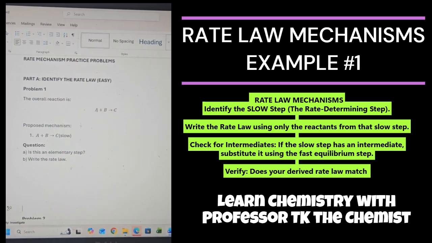So for number one, this is the overall reaction: A plus B gives you C. All right. The proposed mechanism is slow. So what they want to know in this question is, is this an elementary step? Well, here's the thing. The answer is yes.